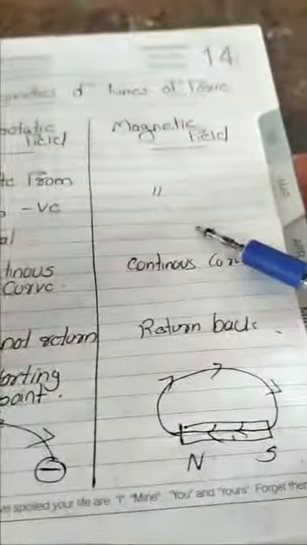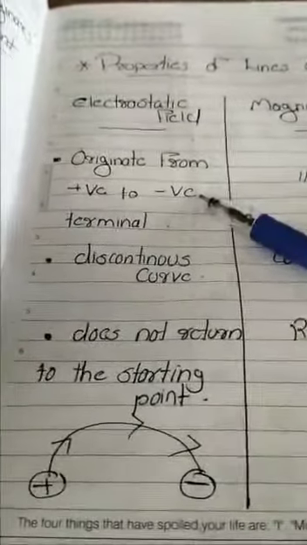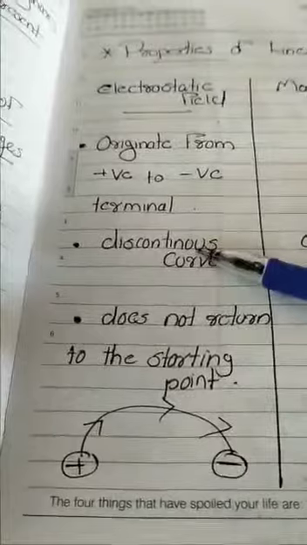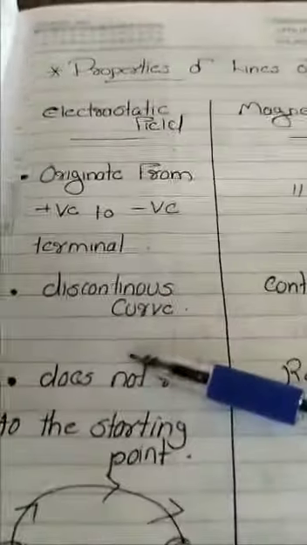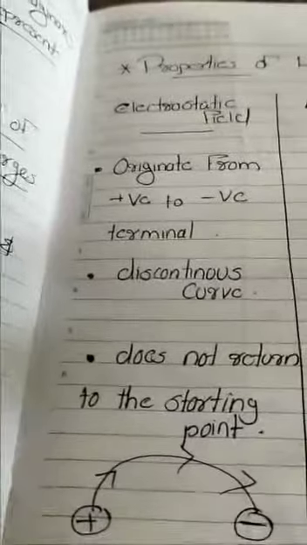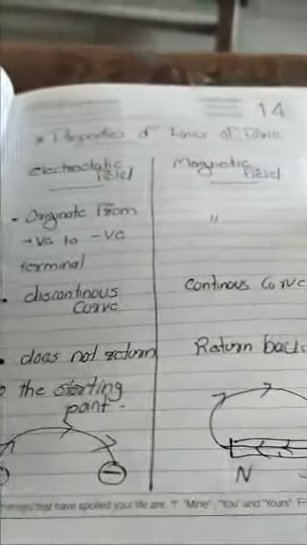Magnetic field lines also start from north to south. North means positive, south means negative. Second point, the electrostatic field is a discontinuous curve. Discontinuous means it cannot continue in one way; it will be discrete, break in between, and then continue. But in the case of the magnetic field, it is a continuous curve.